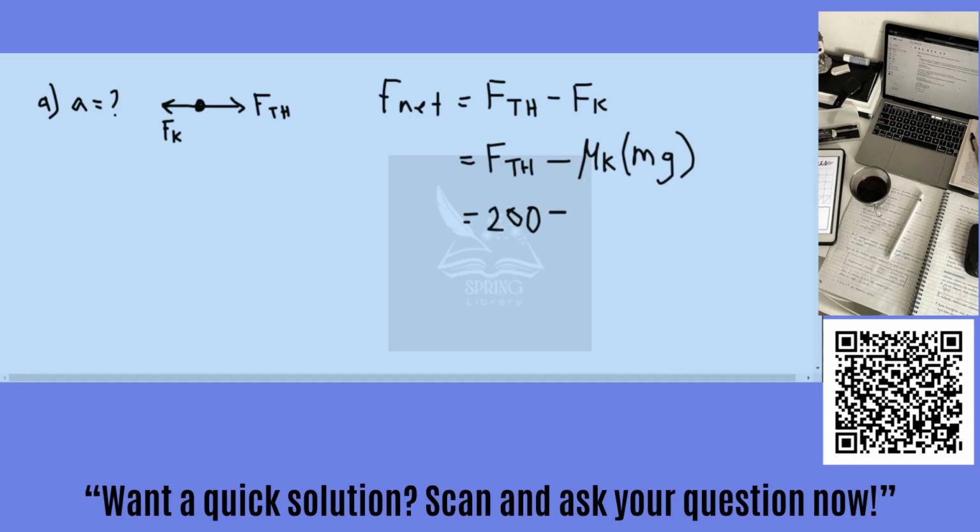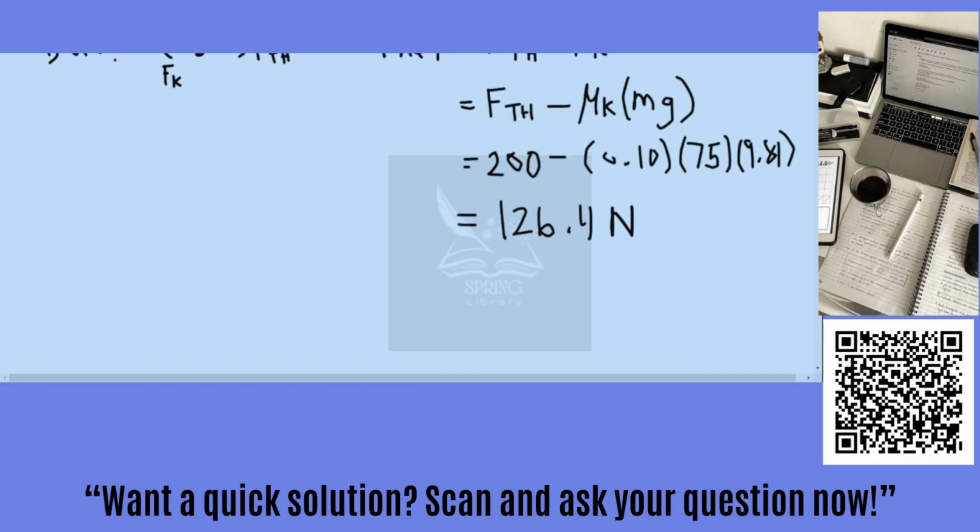So the thrust force is 200 newtons. The coefficient of friction was given to us as 0.1. The mass is 75, and the acceleration due to gravity, 9.81. Once we plug that into our calculator, we get a final value for F net here of 126.4 newtons.